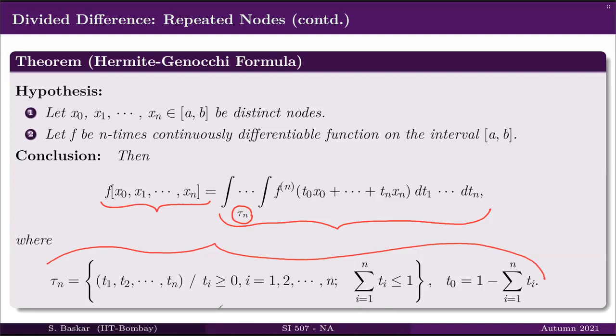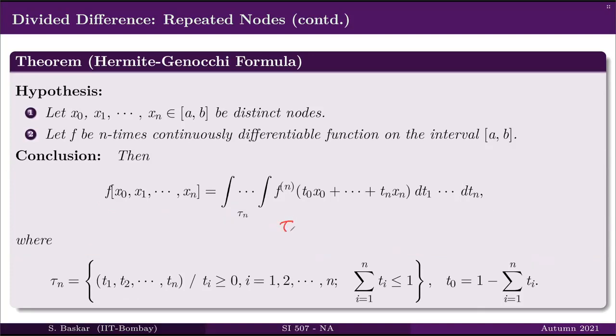For that, let us just take n equal to 1. You see, tau 1 is equal to the set of all t1 such that t1 is greater than or equal to 0, and the sum is equal to 1. Then this summation is just one term, t1 is less than or equal to 1, right? That is precisely your closed interval [0, 1].